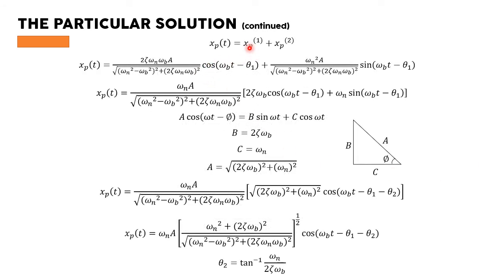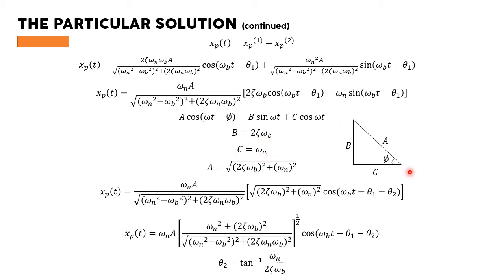As you can see here, we have added the two particular solutions to get the total particular solution. Then we have taken some things common out, and the form turns out to be this form. And then we have used this identity: a cos(omega t minus phi) equals b sine omega t plus c cos omega t, where b is 2 zeta omega b and c is omega n.